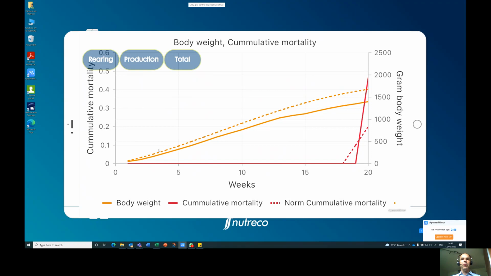Actually only represented here at this point are the body weight and the cumulative mortality. There is no feed intake data here, which is a bit strange, but it's probably because there is no feed intake data in the data which represents this graph.